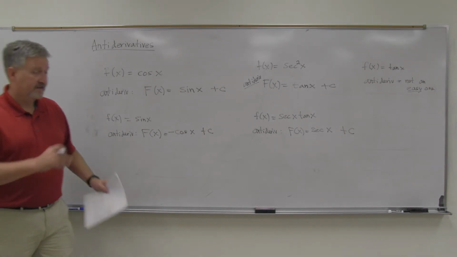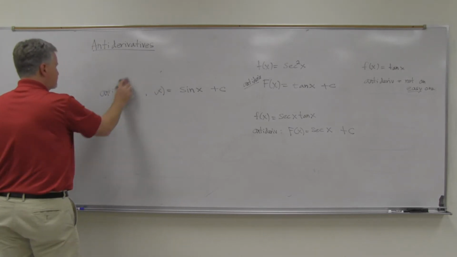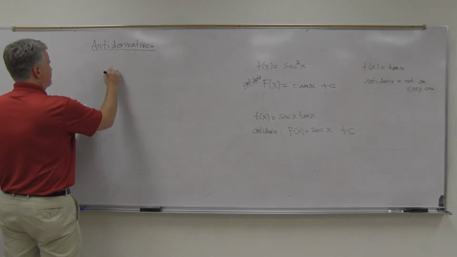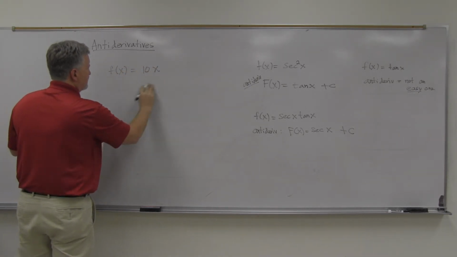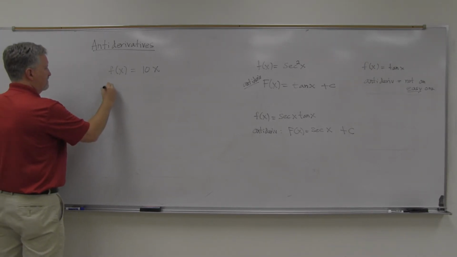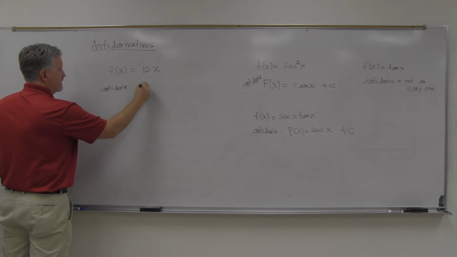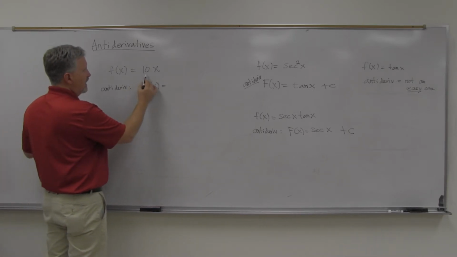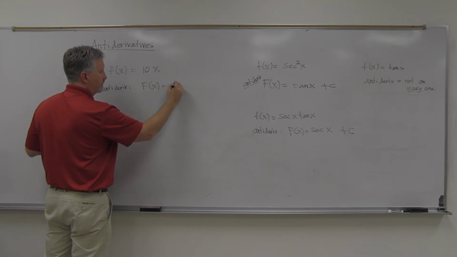All right, now, a couple other things about our antiderivative. F of x equals 10x. What happens if we have a number in front? Well, the antiderivatives of those are not so bad, because they're just numbers in front. So we've got 10, and that's x to the first.